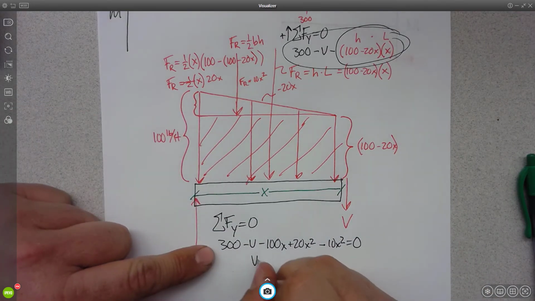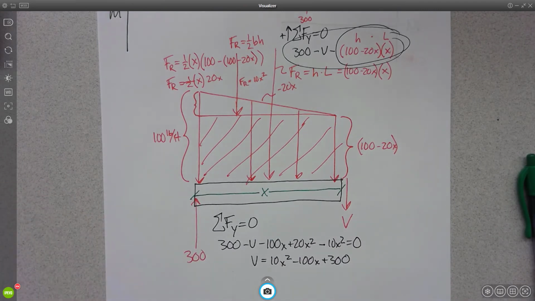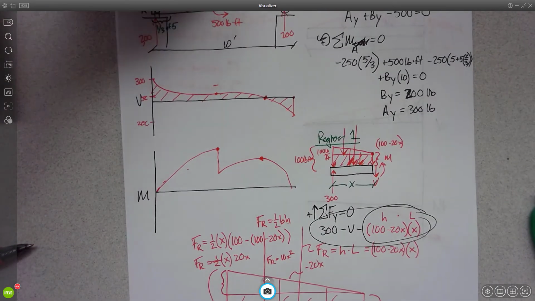So it looks like V will equal 10x squared minus 100x plus 300. This jives with our guess up here, right?